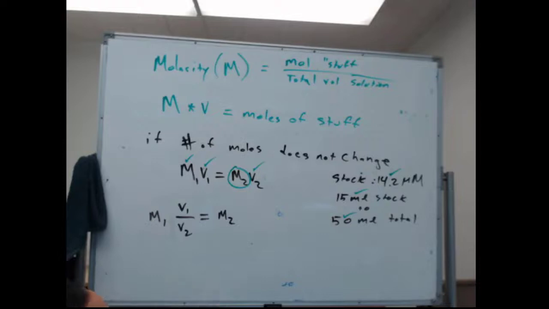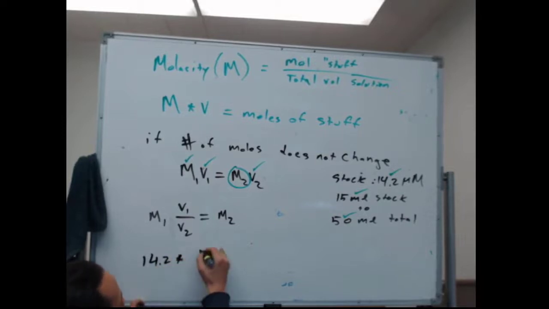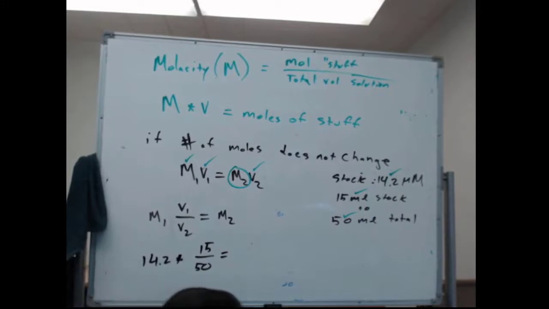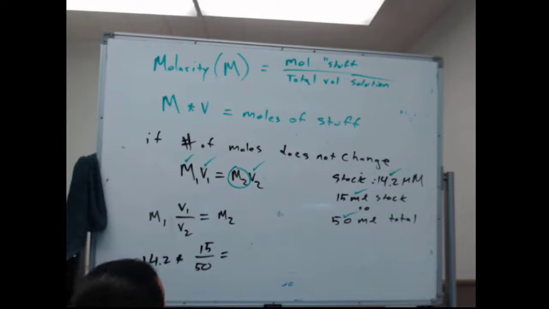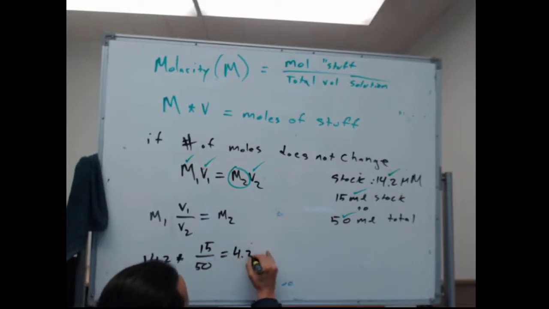But now we can go ahead and plug in the numbers I have and see what we get. I've got 14.2 times 15 divided by 50 is equal to 4.26.